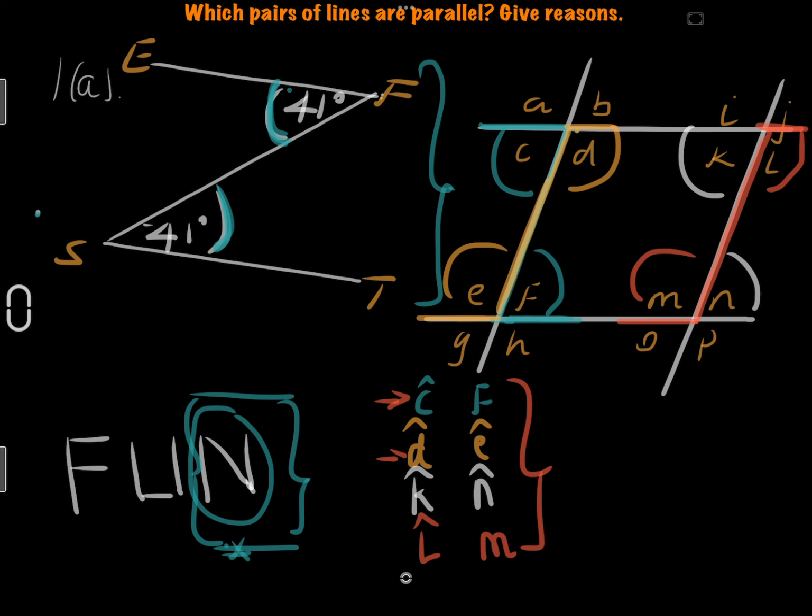Angle D and angle E are alternate angles to one another. Angle K and angle N are alternate angles to one another. And lastly, angle L and angle M are alternate angles to one another.